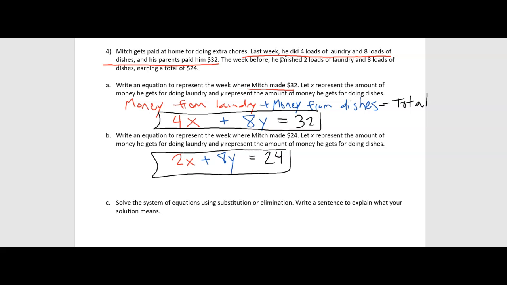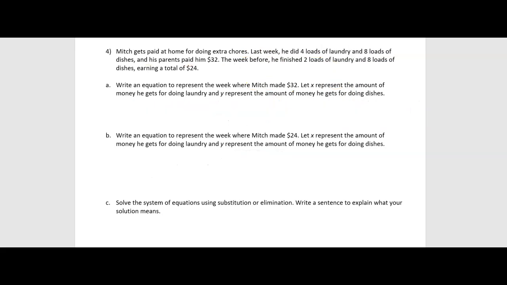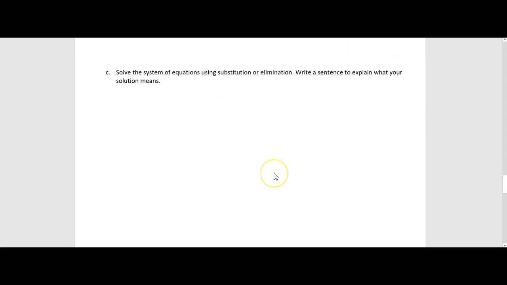So 2x plus 8y equals 24. Go ahead, your choice. Figure out how to solve that, whether it be substitution or elimination, and see if you can come up with the x and y value. All right, so we have 4x plus 8y is equal to 32.